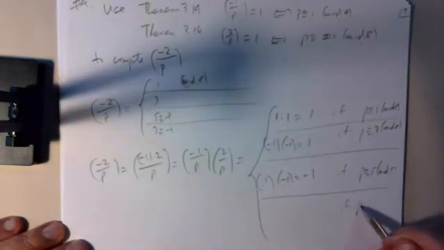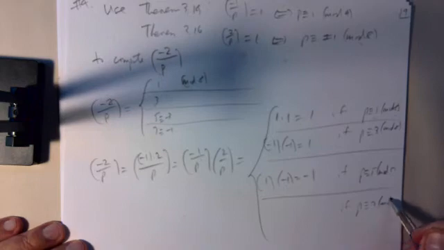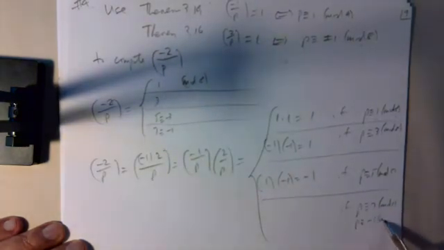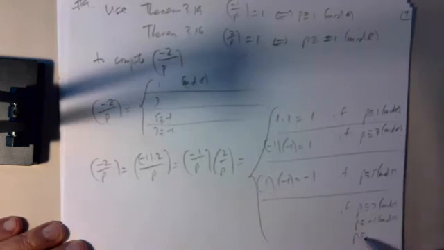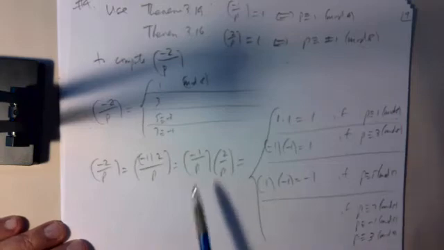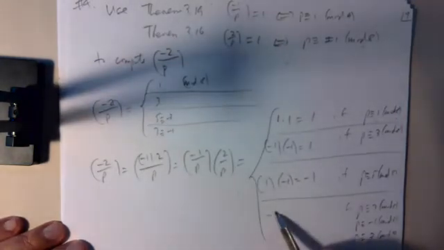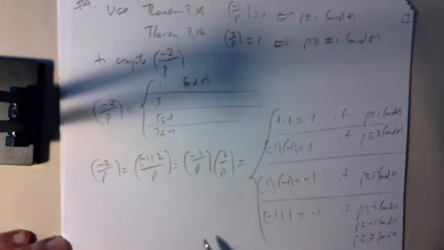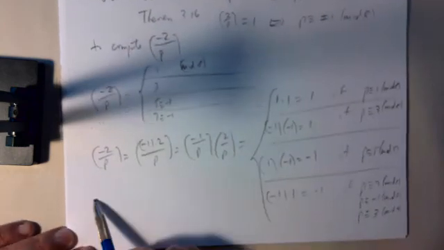And the last case is when p is congruent to 7 mod 8, which means p is congruent to -1 mod 8. p is also congruent to 3 or -1 mod 4. So this is going to be -1. This is going to be +1. We get -1. So we proved our result.